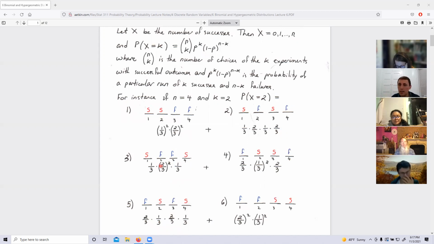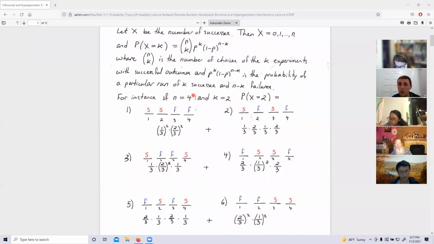Now, how many ways can you have exactly k successes? Well, n choose k ways. Because the probability for each of them is the same, I'm adding the same number to itself. How many times? In general, n choose k times.